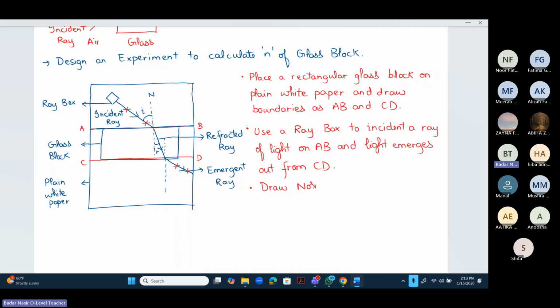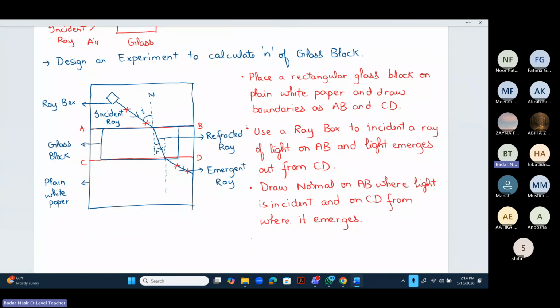Draw normal on AB where light is incident and on CD from where it emerges. ठीक है, so you have to draw a normal line on AB where the light is incident and then you have to draw a normal line on CD from where the light just emerges. Okay, अच्छा, तो नॉर्मल ड्रॉ कर लिया आपने.